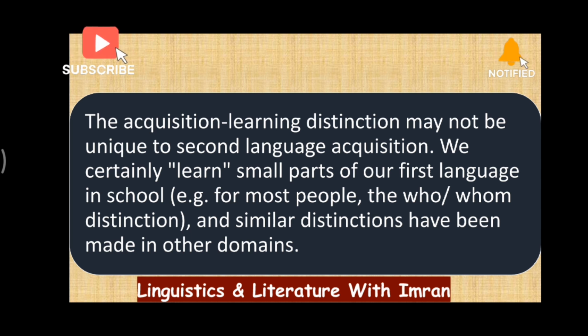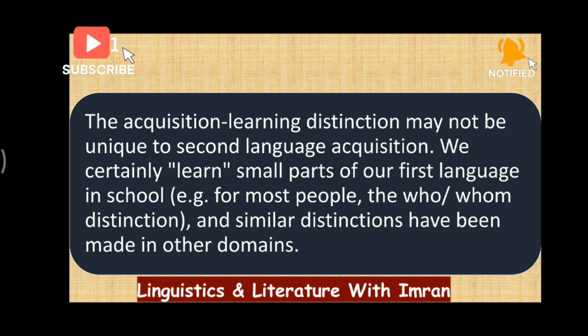And when you are learning a language, a small portion might be there that would be connected with acquisition. So no language is 100% acquired and no language is 100% learned. If you are acquiring a language, a small portion might be connected with learning, and if you are learning a language, a small part will be connected with acquisition.